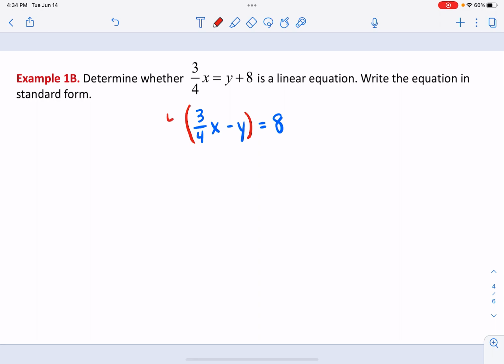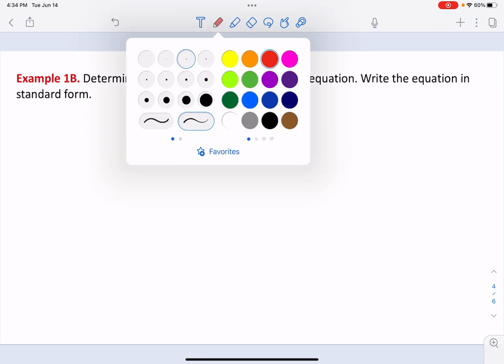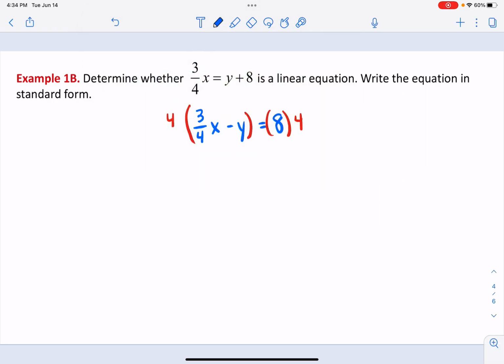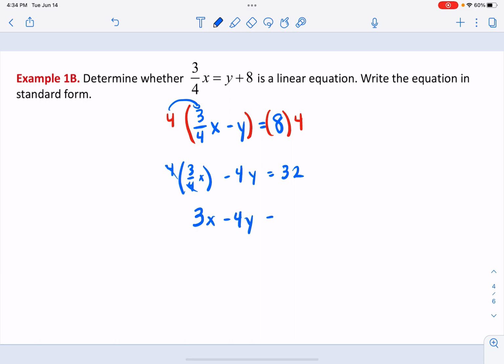So if I multiply every term by 4, so if I distribute the 4 times 3/4 x minus 4 times y equals 8 times 4 is 32. Going back here, the 4 and the 4 cancel, so we have 3x minus 4y equals 32.